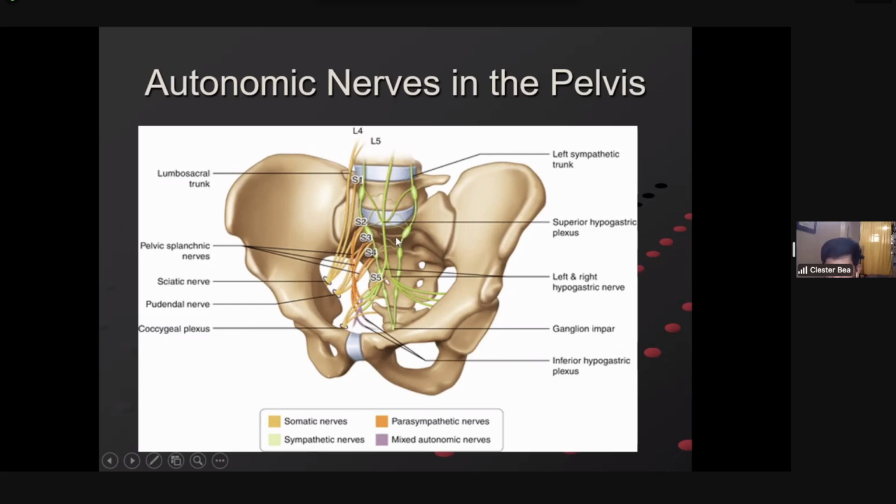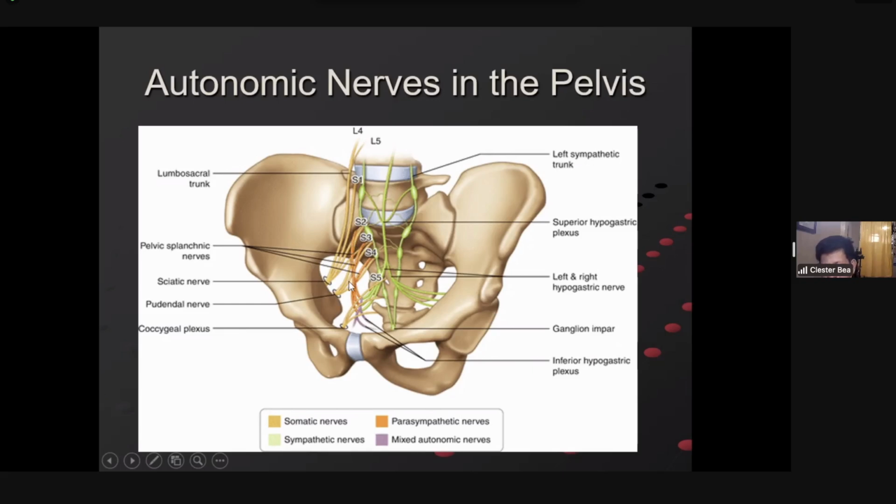Now, from the superior hypogastric plexus come the left and right hypogastric nerves, which are made up of sympathetic fibers. Now, your pelvic splanchnic nerves, coming from S2 to S4, will give rise to parasympathetic fibers.